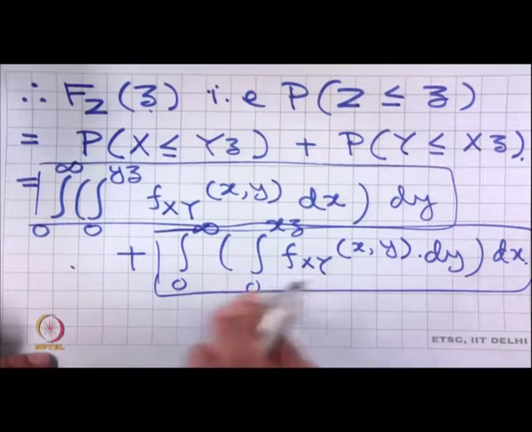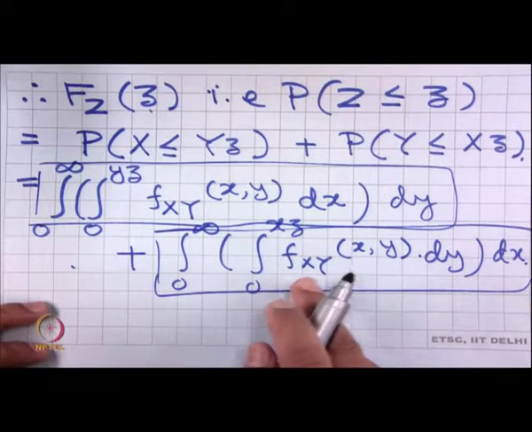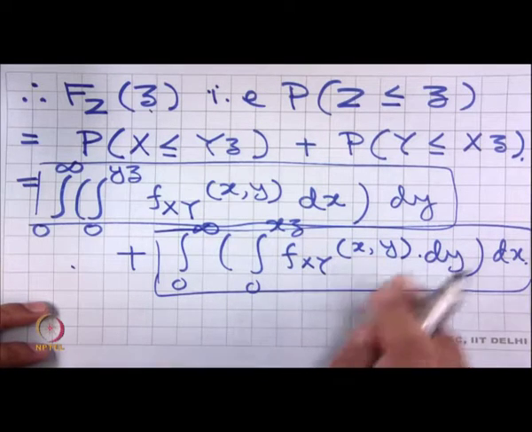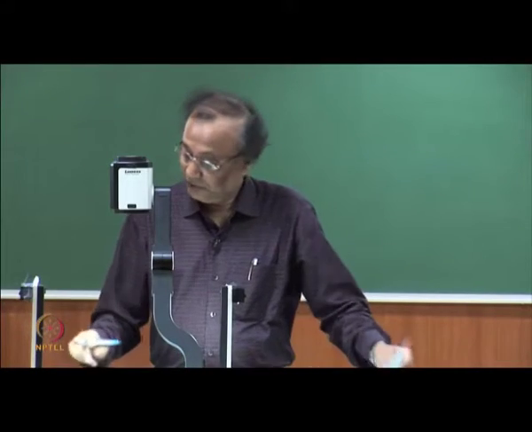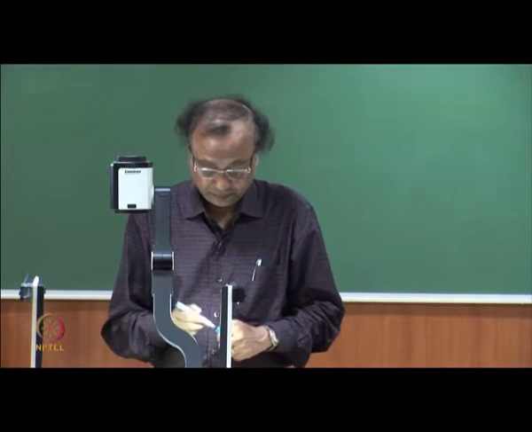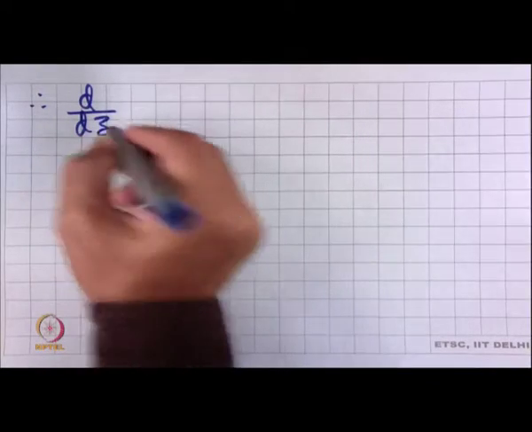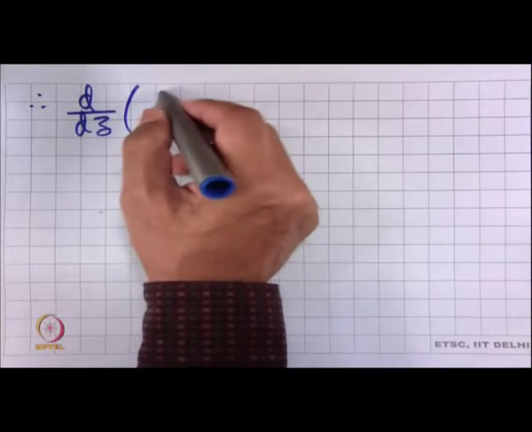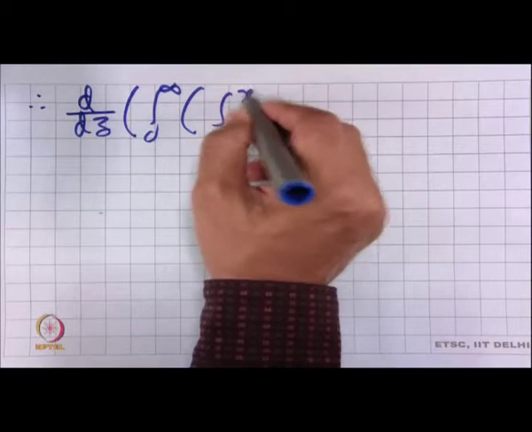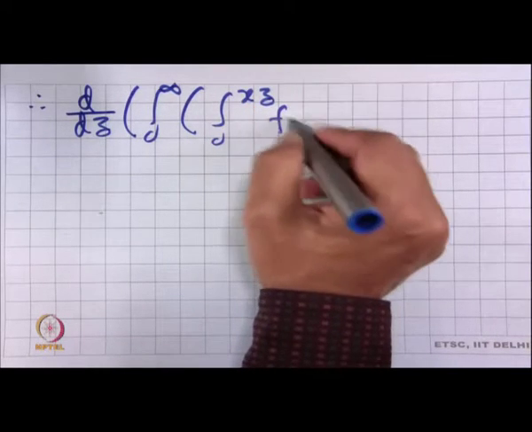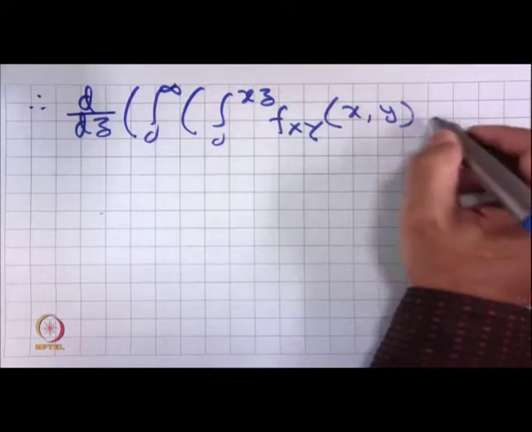So, in the second case, when I am differentiating with respect to z, it is going to be f x y at x comma x z and multiplied by x. So, let me write it down. d/dz of the integral 0 to infinity, integral 0 to x z, f x y, x comma y, dy dx.